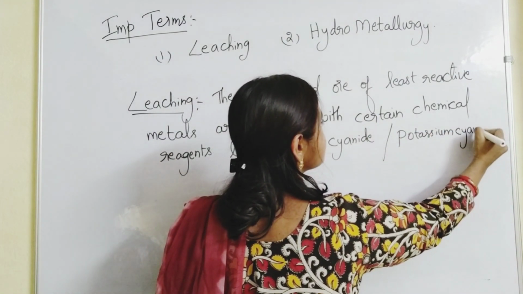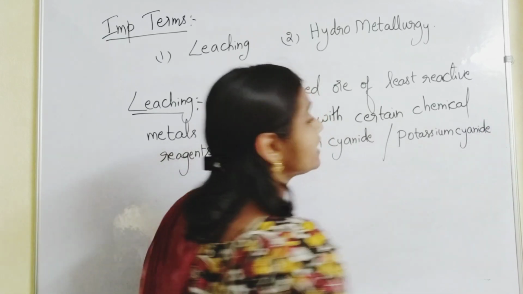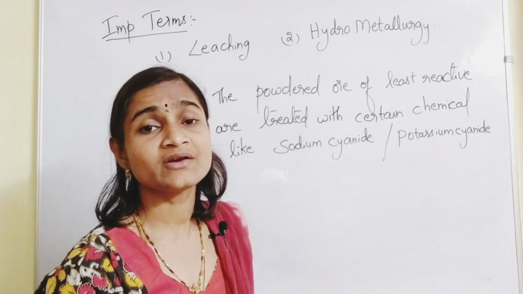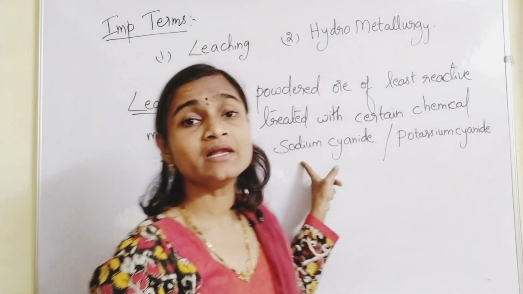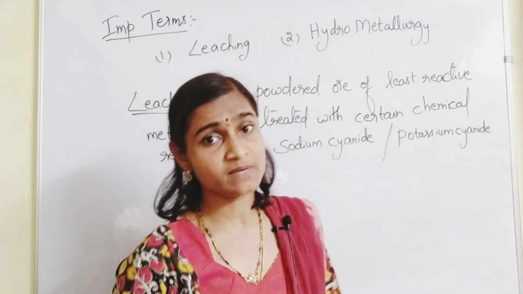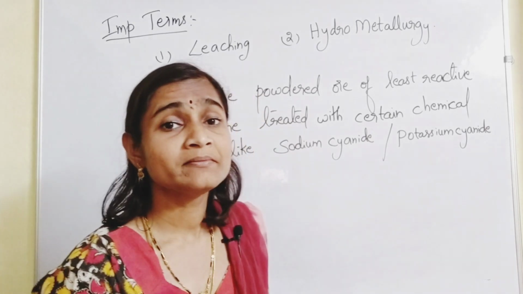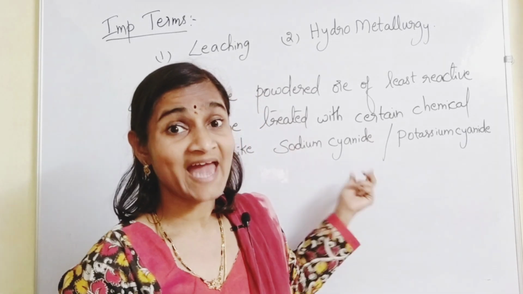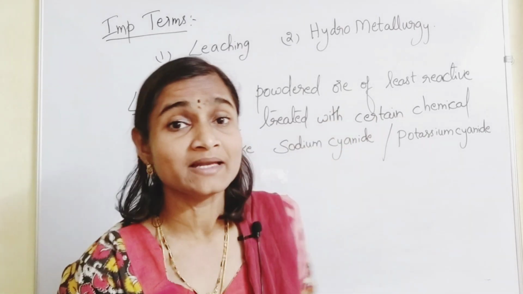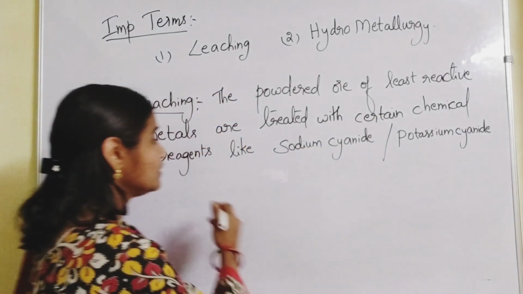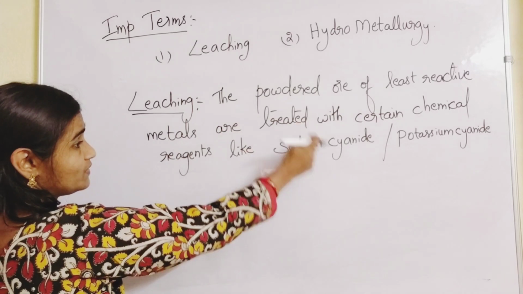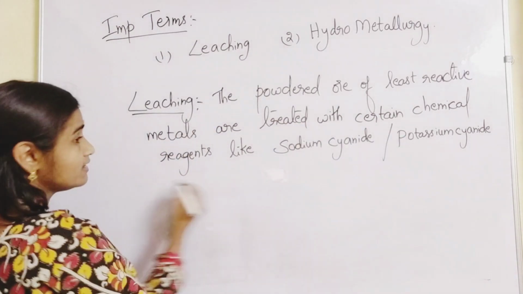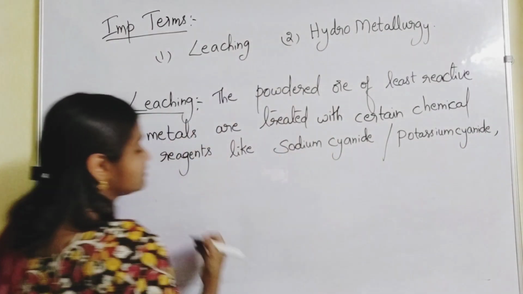If the ores are treated with chemical reagents like sodium cyanide and potassium cyanide, what happens? Here the ore will be soluble in these chemical reagents and impurities remain insoluble.